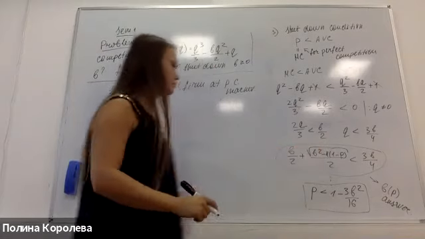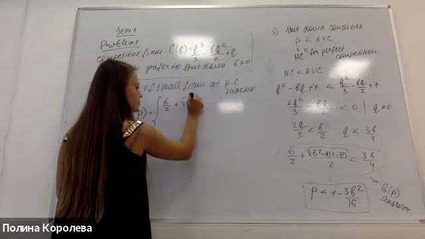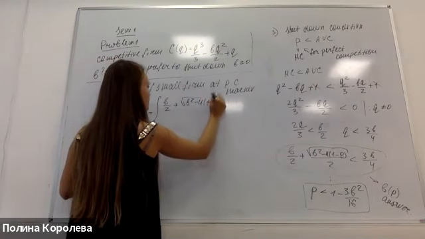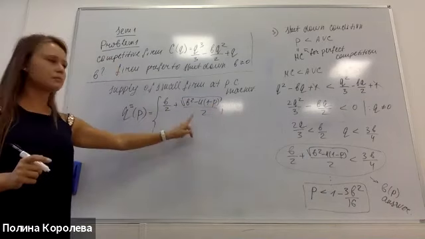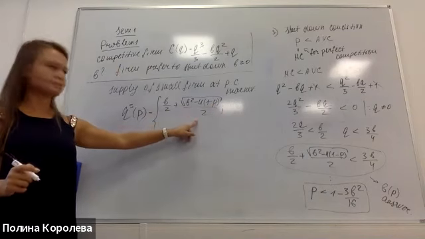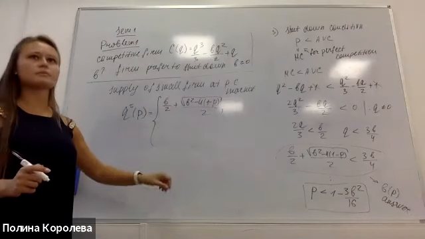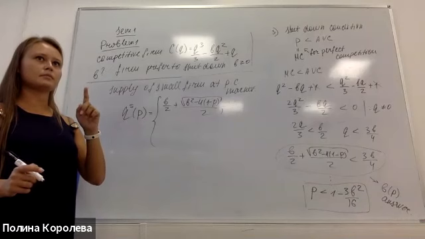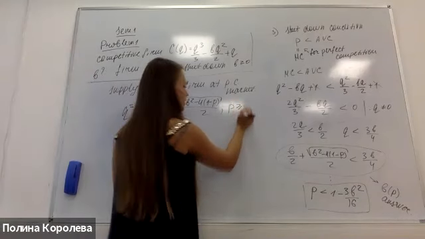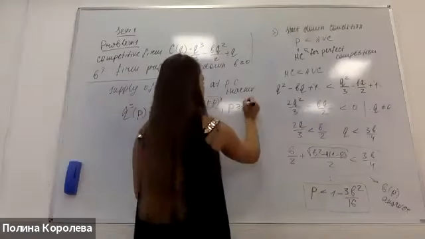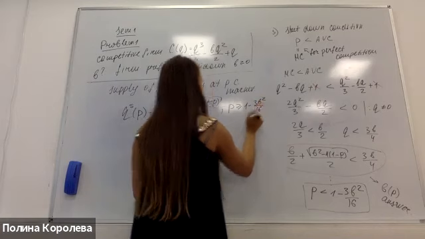This equation: b divided by 2 plus square root of b squared minus 4 times (1 minus b divided by 2), only if, which condition? Only if price is greater or equal to 1 minus 3b squared divided by 16.